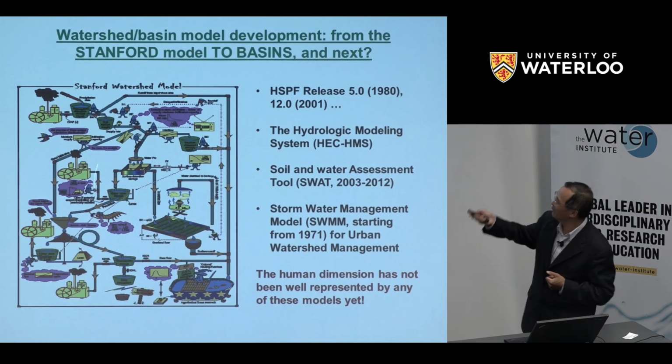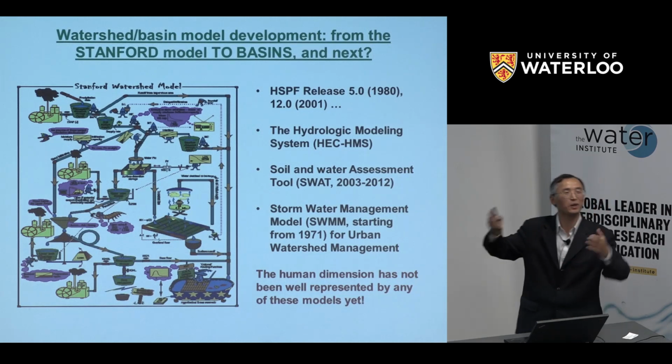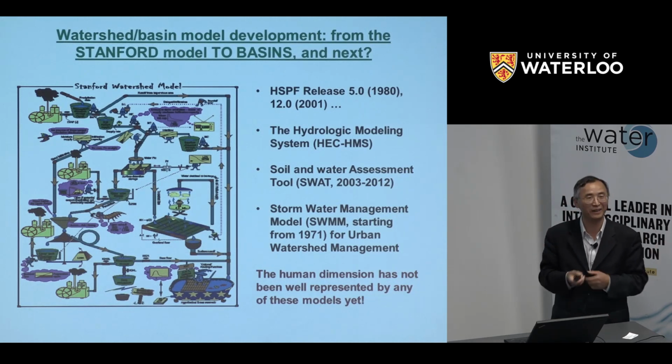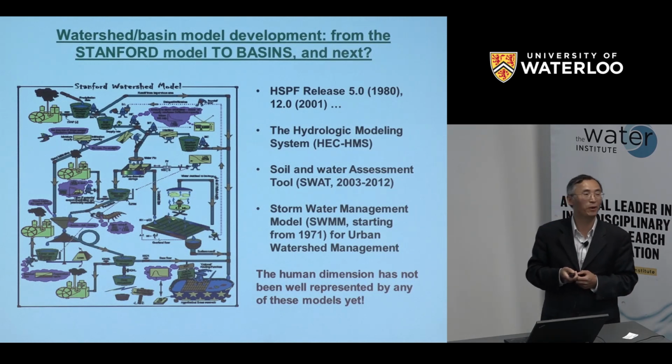But if you look at this poster, what do you find? It doesn't look like a natural watershed figure. It has some ecological components and a lot of human components.